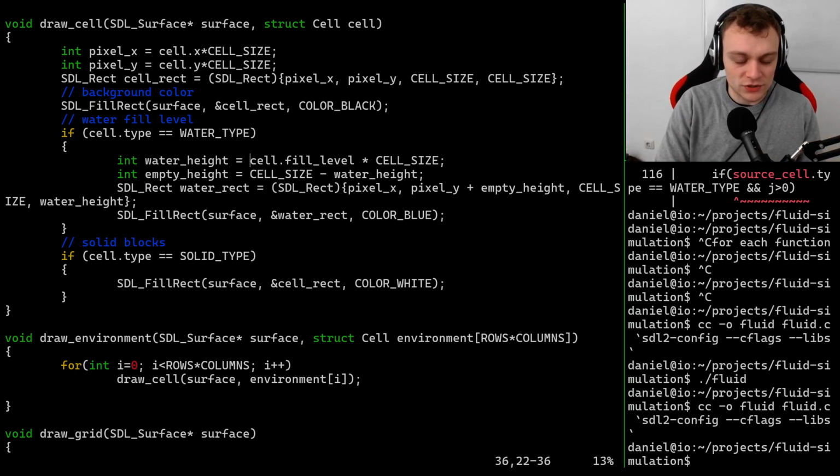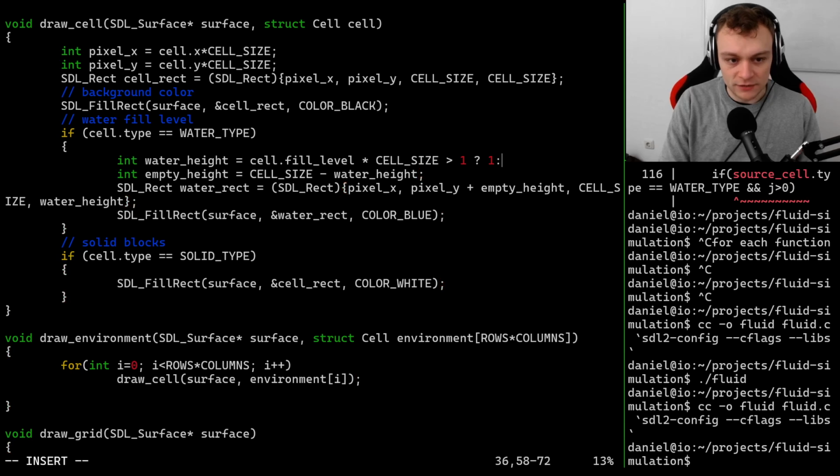So here we should do, let's do that. Is the fill level multiplied by the cell size bigger than 1?